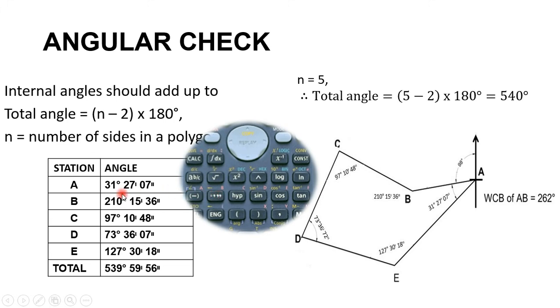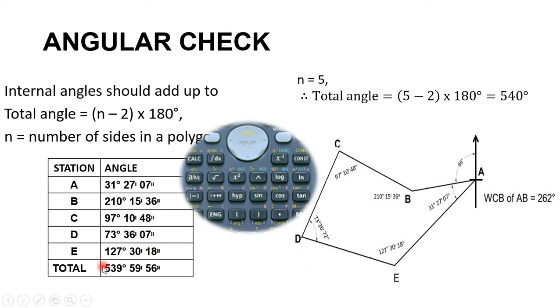Then you say plus 210, and also you'll be punching that, and then you say plus 97 degrees 10 minutes 48 seconds, plus 73 degrees 36 minutes and 07 seconds, then 127 degrees 30 minutes and 18 seconds.